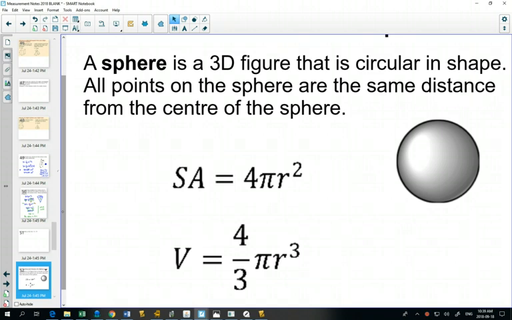But that would be the same as just a disc with no thickness. If we also looked from the top, we'd see another circle, and from the bottom, we'd see another circle. And so if, in theory, we'd spray paint from one side, another side, from the top and from the bottom, we would cover the whole thing. And so the surface area for a sphere is just 4 circles, 4 pi r squared.